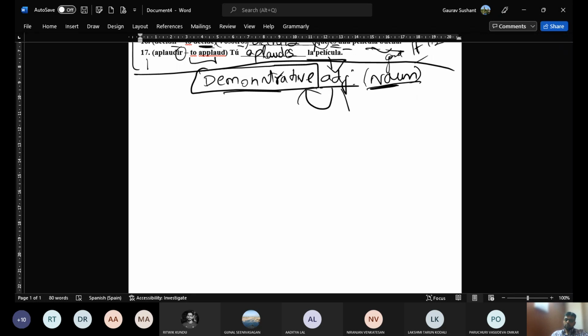The other thing about adjectives which we have seen earlier, specifically related to Spanish, was that adjectives in Spanish have two features. One is gender and another is number. I told you earlier, when we talked about a regular adjective like alto, tall, it became alta, altos plural and altas plural also.